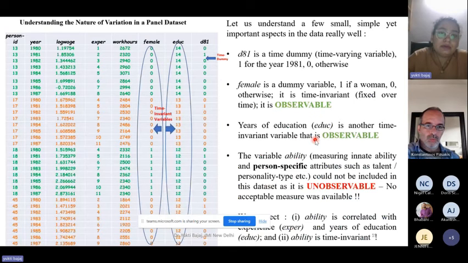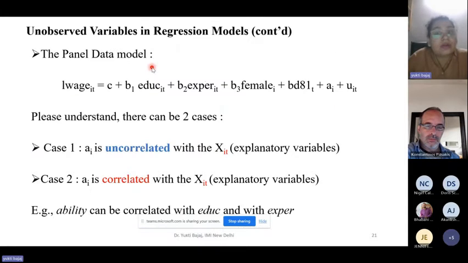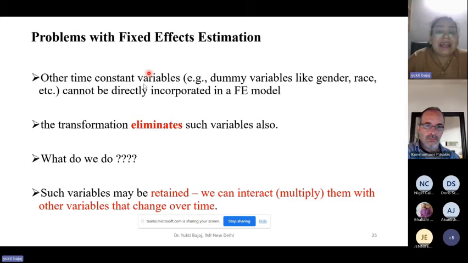Now this female and education were also time invariant, though they were observable. Just because they were time invariant, their expected values are going to be the same. So they also get eliminated from the model. So the main problem is it eliminates more variables which are time invariant, for example gender, race, and so forth. So now this is a big problem.